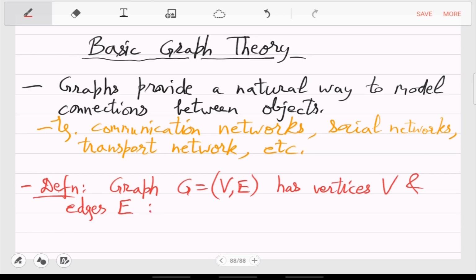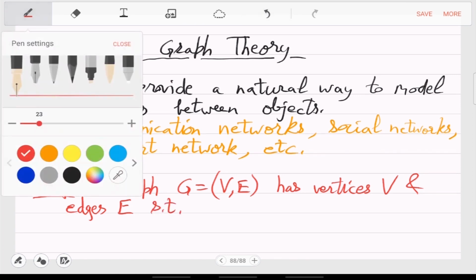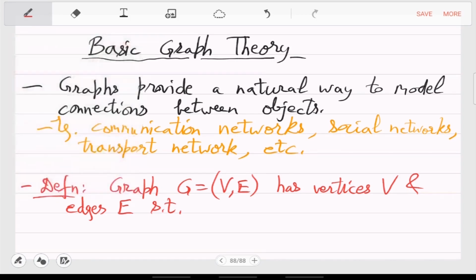The condition being that if u comma v... okay, when we say edge, it is clear that these elements will be pairs of vertices, right?